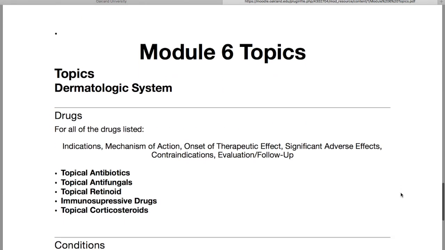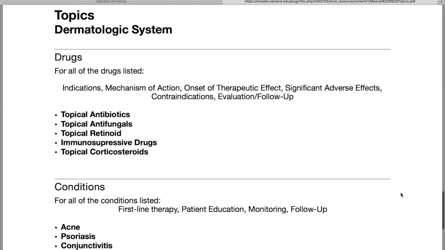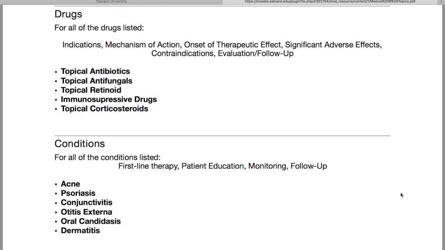As far as the dermatologic system goes, you'll be learning about topical antibiotics, topical antifungals, topical retinoids, which are used in the treatment of acne, immunosuppressive drugs, and topical corticosteroids. The conditions that we'll cover in the derm section include acne, psoriasis, conjunctivitis, otitis externa.